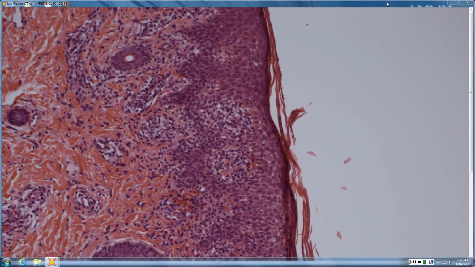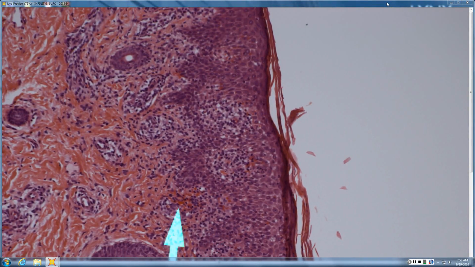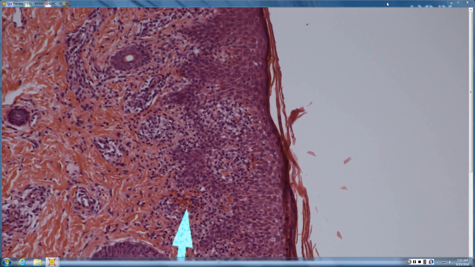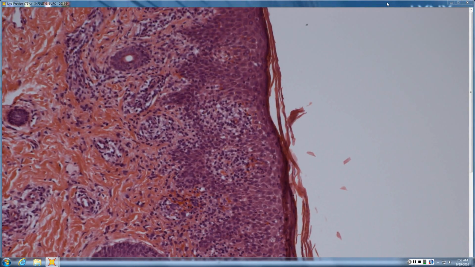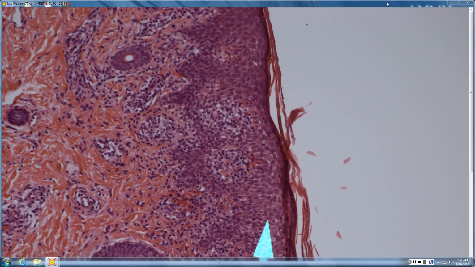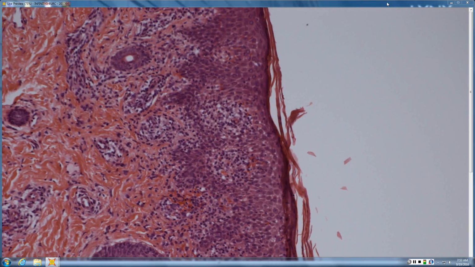So a lymph in every hole, and what are all these red things? Is that red cell extravasation? So there's red cell extravasation, and there are erythrocytes within the epidermis. So there's transepidermal elimination of erythrocytes, red cell extravasation, a vacuolar interface with a lymph in every hole. What are you thinking?